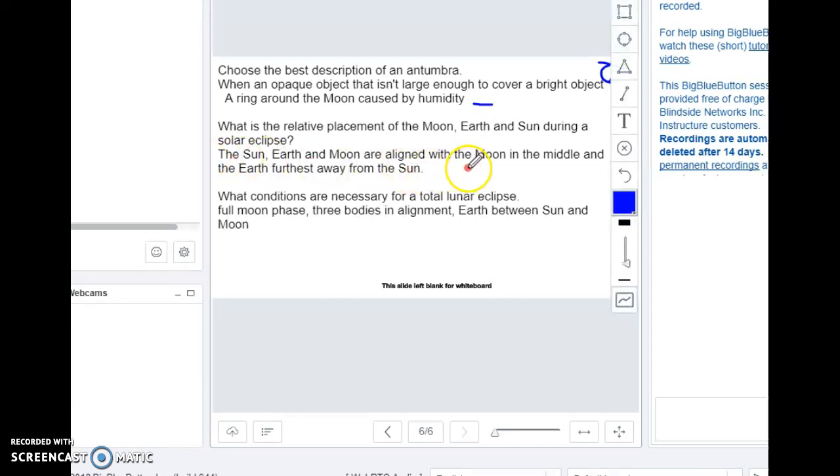All right, so the correct answer is the sun, Earth, and moon are aligned with the moon in the middle and the Earth farthest away from the sun. So the moon is in the middle and the Earth is on the other side of the moon. It's the farthest object out of these three away from the sun. So you have sun, moon, and Earth.